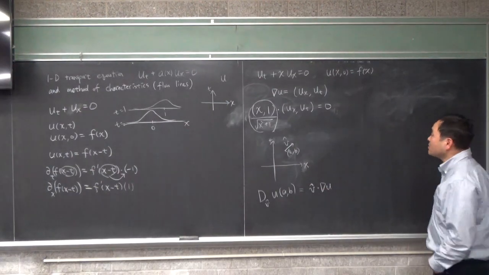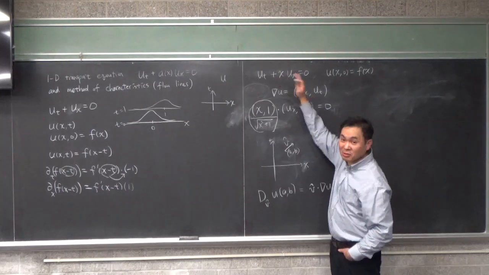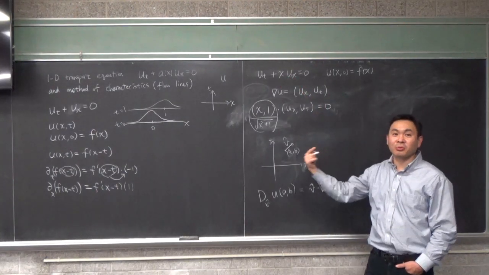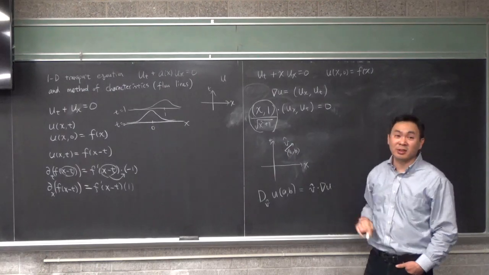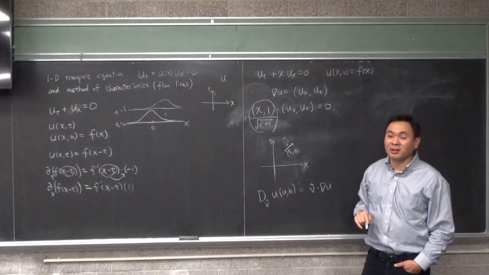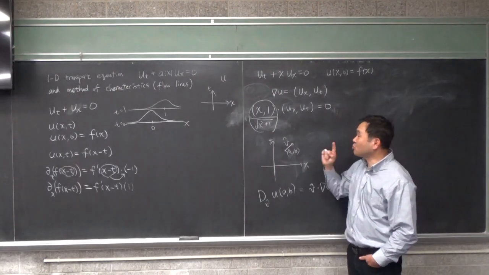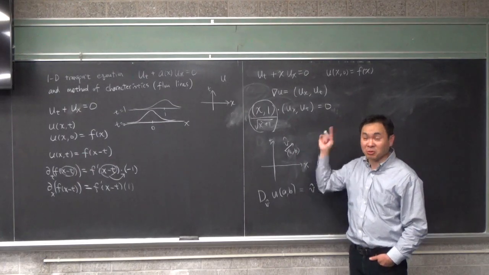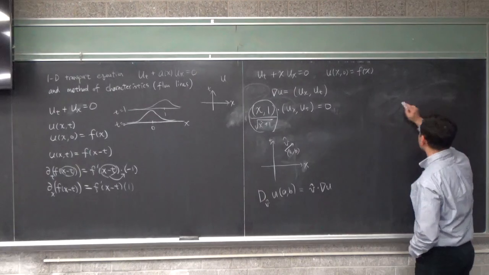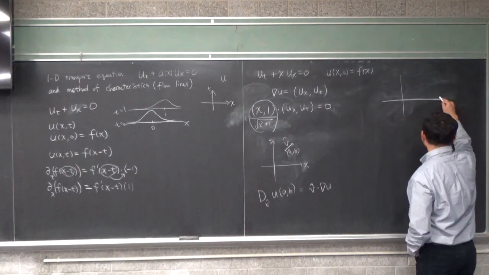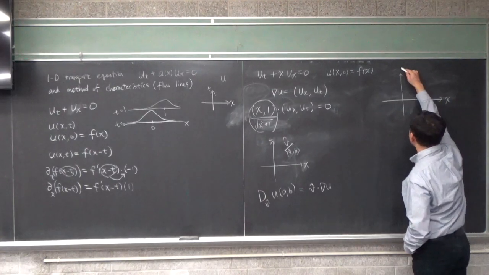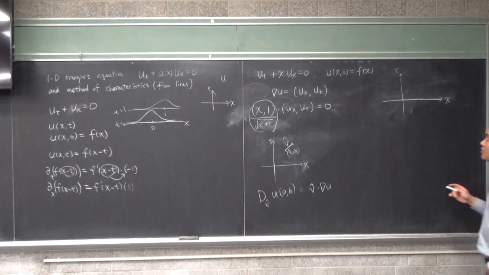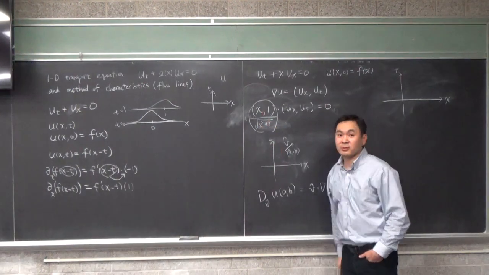And this means that this transport equation is basically saying that at each point there's a direction where u stays constant. And it's really helpful if you can draw what that shape looks like. So let's try that. Here's x, here's t. Think about when x is 0.